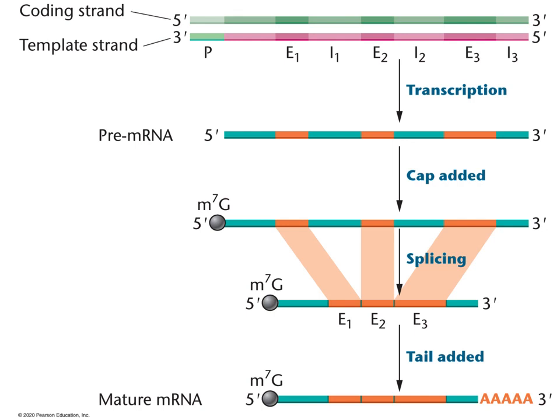This pre-mRNA doesn't have the methylguanosine cap, it doesn't have the poly A tail, and it still has introns in it, okay? And so we take this pre-mRNA, we add the 5' cap, we add the poly A tail to the 3' end, and we get rid of those introns. You can see how the introns that are in the template strand made it to the pre-mRNA, but they don't make it to the messenger RNA, the mature mRNA.